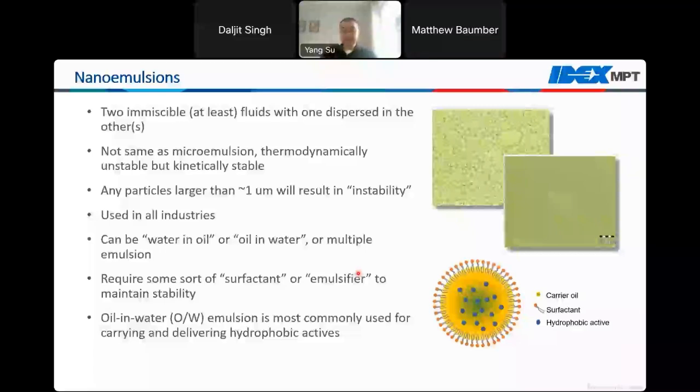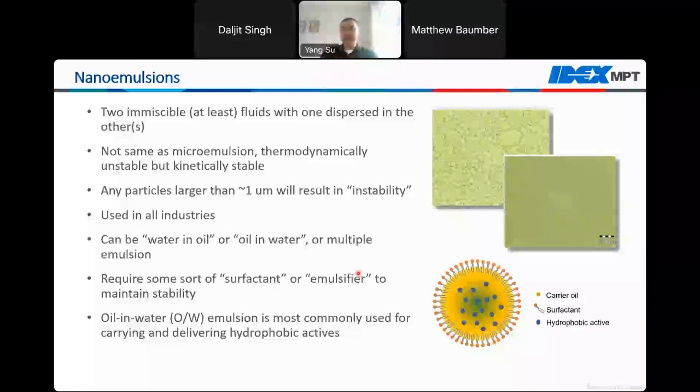One of which is the so-called Ostwald ripening phenomenon, where large droplets, especially around or bigger than 1 micron in size, can slowly absorb the smaller droplets, and the larger droplets become bigger and bigger, and eventually lead to separation or some kind of instability for the product or the emulsion.